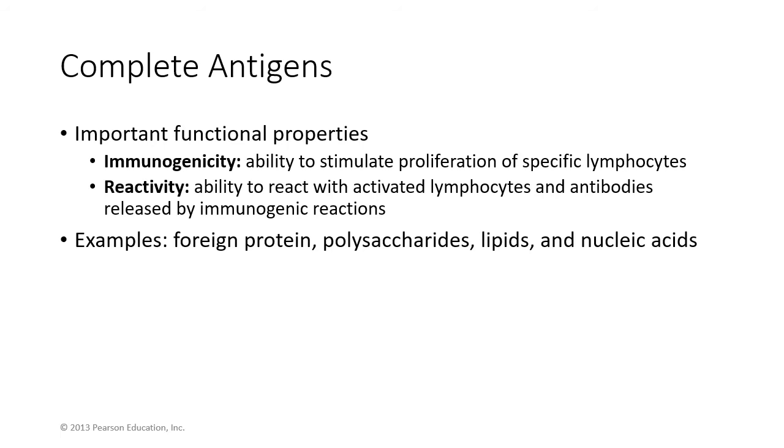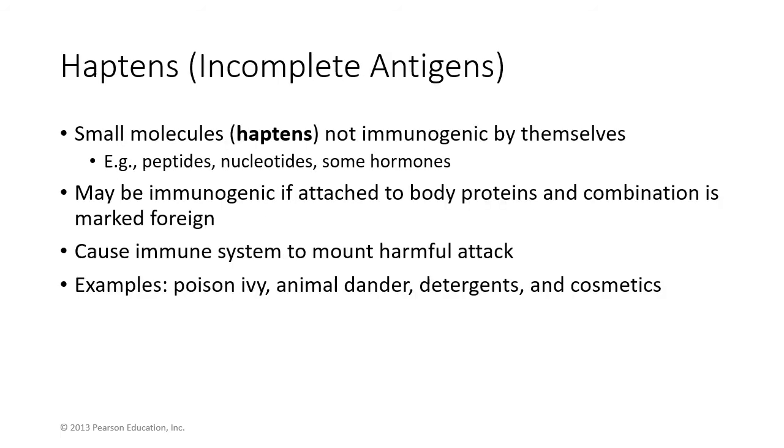So immunogenicity, proliferate a group of lymphocytes to respond against it, and also to react to the products of those lymphocytes. Some examples of complete antigens are foreign proteins that you find on bacteria and viruses. Sometimes they're polysaccharides, sometimes they're in the form of lipids or nucleic acids that you would find in prions or viral particles, any of those things that are considered foreign.